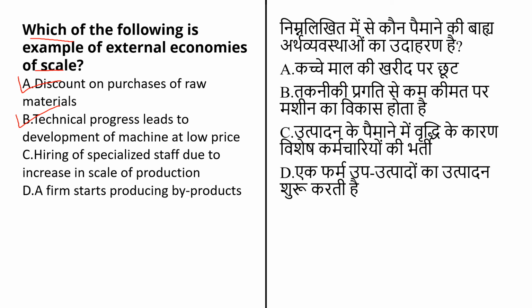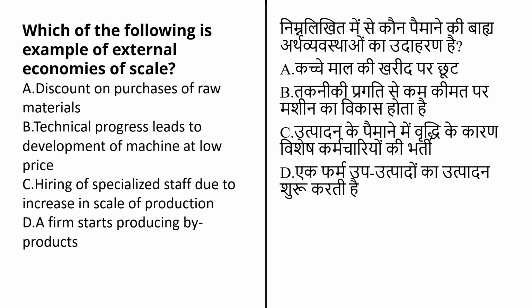Third option is hiring of specialized staff due to increase in the scale of production, and the last option is a firm starts producing by-products. The correct answer for this question will be option B. Technical progress leading to development of a machine at a low price is an example of external economy of scale.